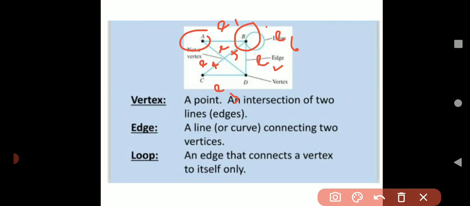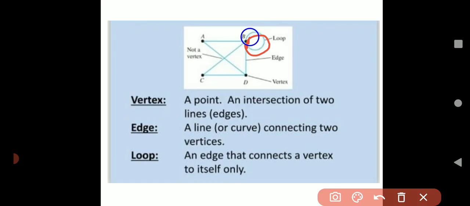And in this graph we have one loop. See this loop. Loop also is an edge, this edge beginning and ending with the same vertex. So this is a loop.